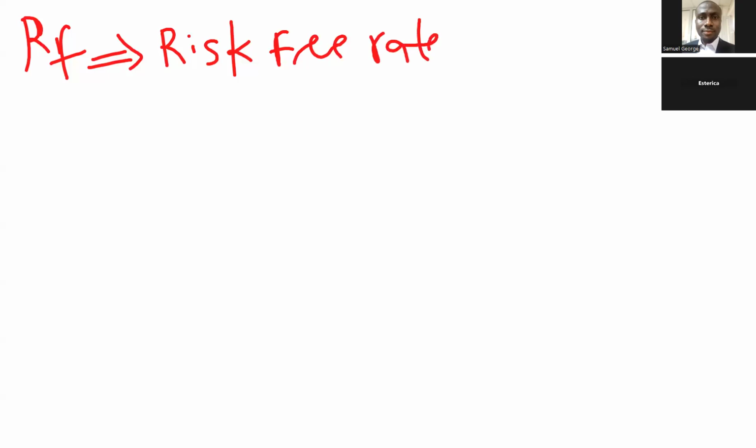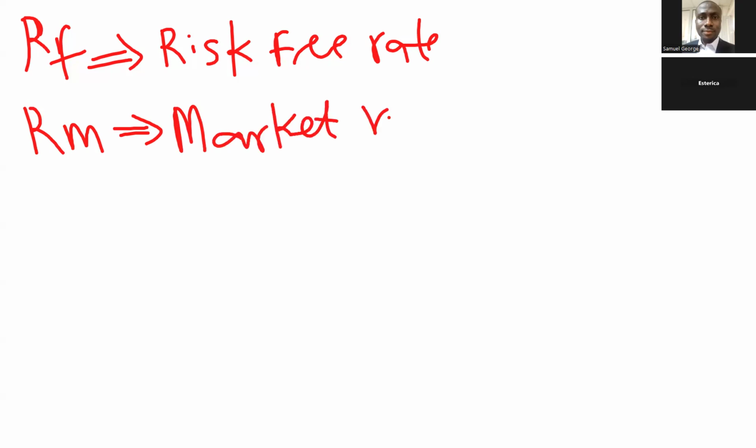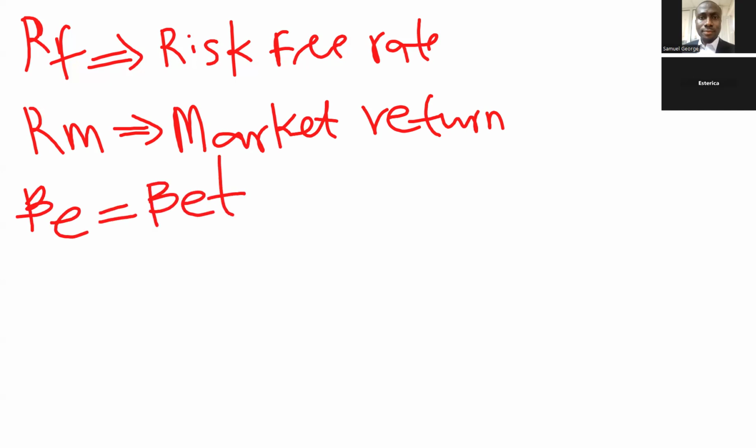Okay, what else do we have there? We have RM. RM signifies market return, or return of the market. Then what else do we have there? We have BE. BE is beta equity, or equity beta.